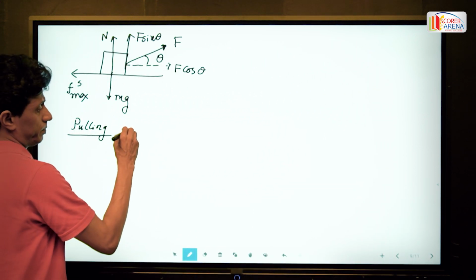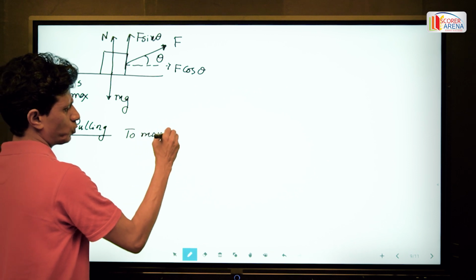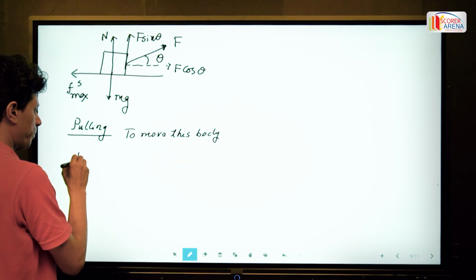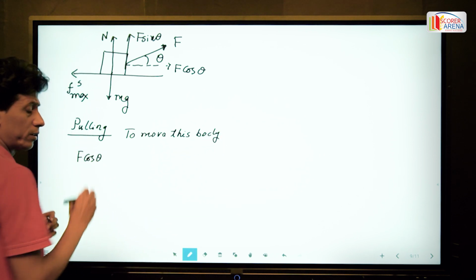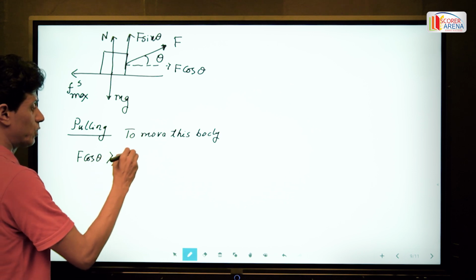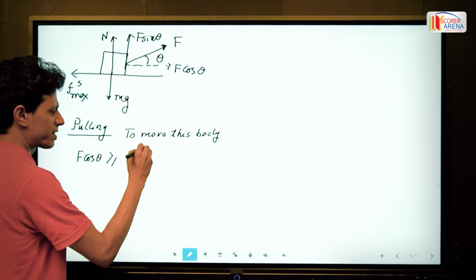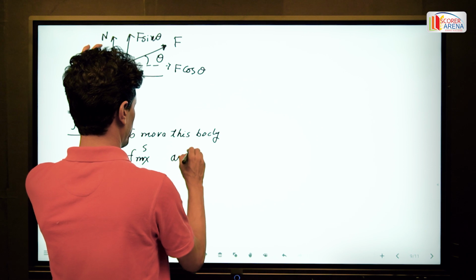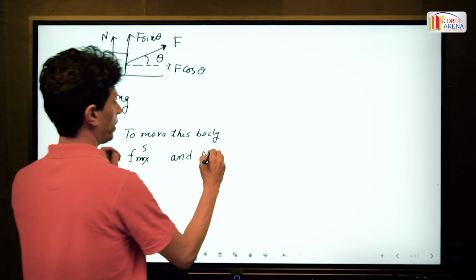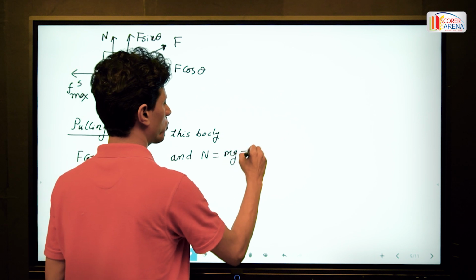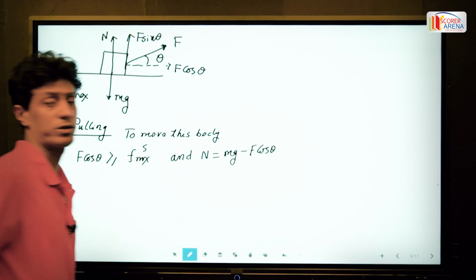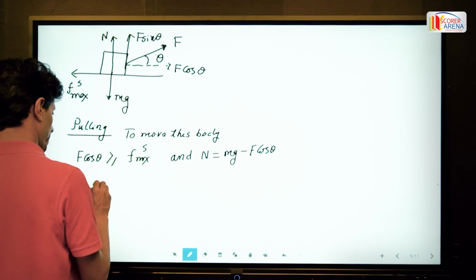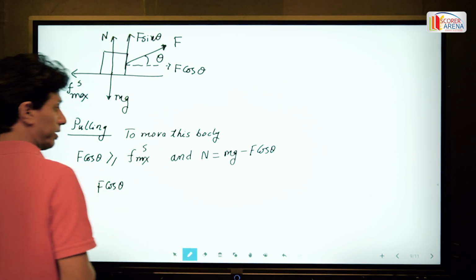To move this body, F cos theta should be greater than or equal to the maximum static friction, and the normal reaction N equals mg minus F sin theta.